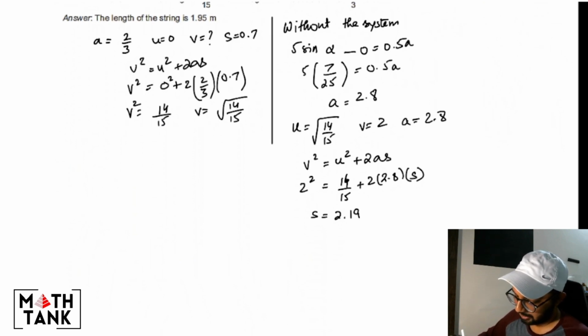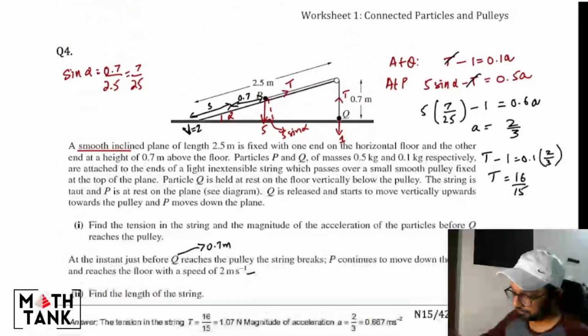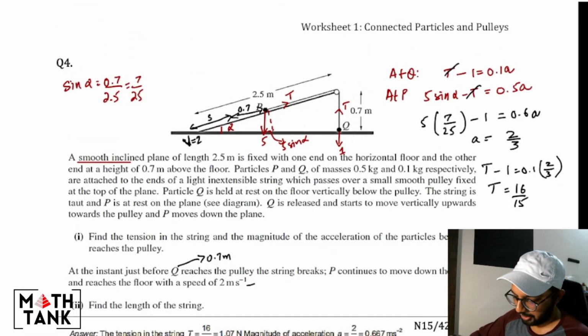This doesn't look like a distance of 2.19 even if you look at the diagram, which was my first hint that I made an error. So I'm getting about 0.5476.